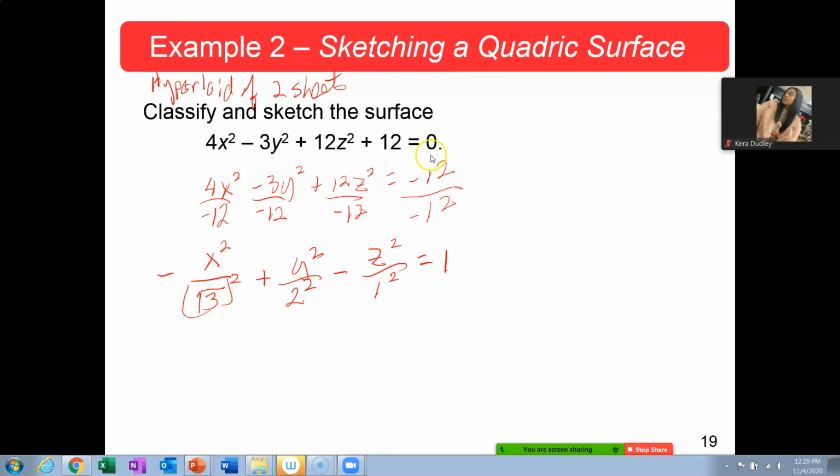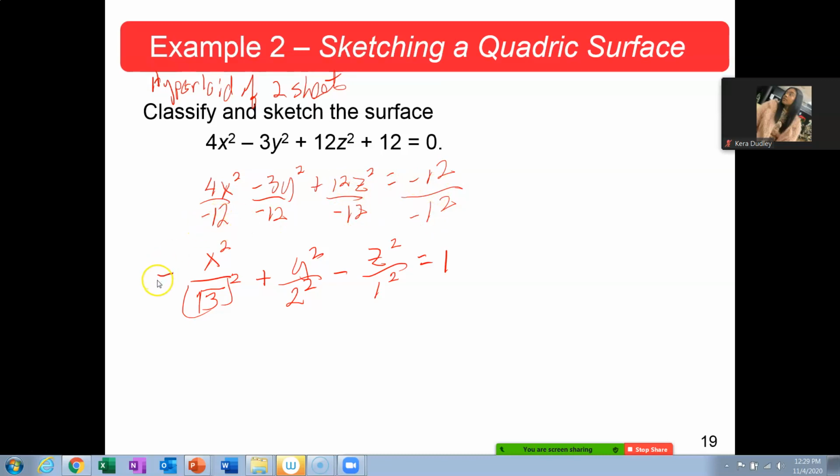Now, I don't like ending with a negative sign, okay? I want that to be a positive 1. So the next thing I did was divide everything by negative 12. Now, that makes this 4x squared over minus 12 minus 3y squared over minus 12 plus 12z squared over minus 12 is equal to negative 12 over negative 12.